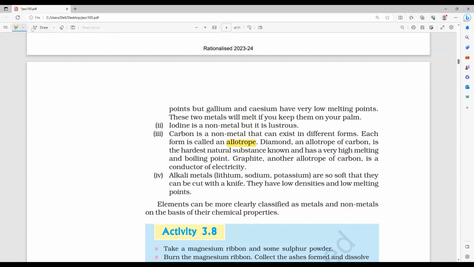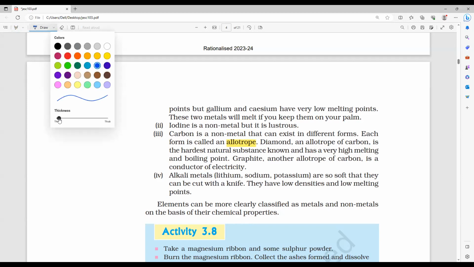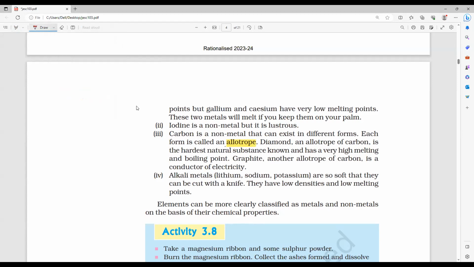So graphite and diamond are allotropes of carbon. Please write the definition. Allotropes are very important; we will study them in the next chapter, carbon and its compounds. They can exist in different forms, with different physical properties, but what about chemical properties?